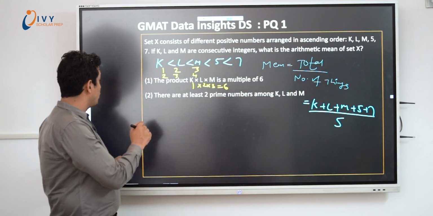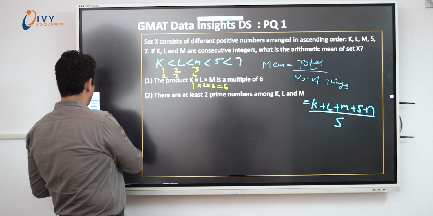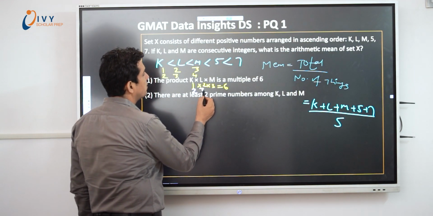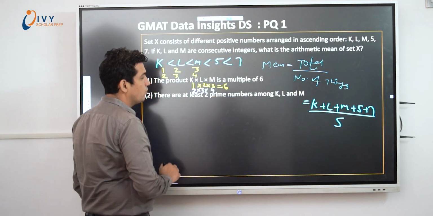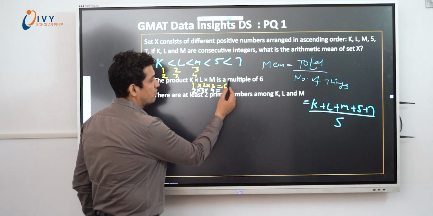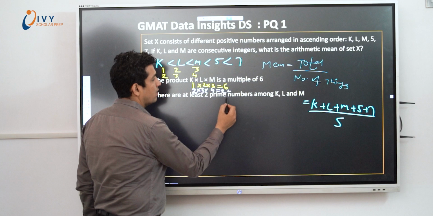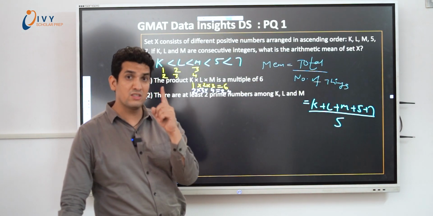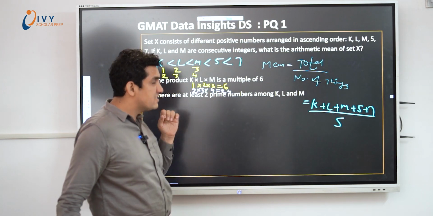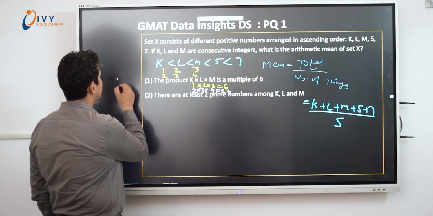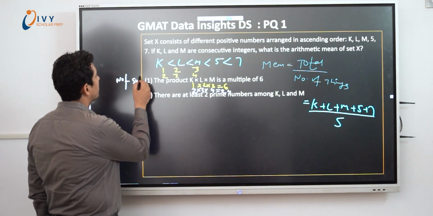But the second option, 2, 3, 4, if you put that, again you will see a product which is a multiple of 6 only. So aren't we going to have two different answers using statement 1, which means statement 1 is not sufficient?